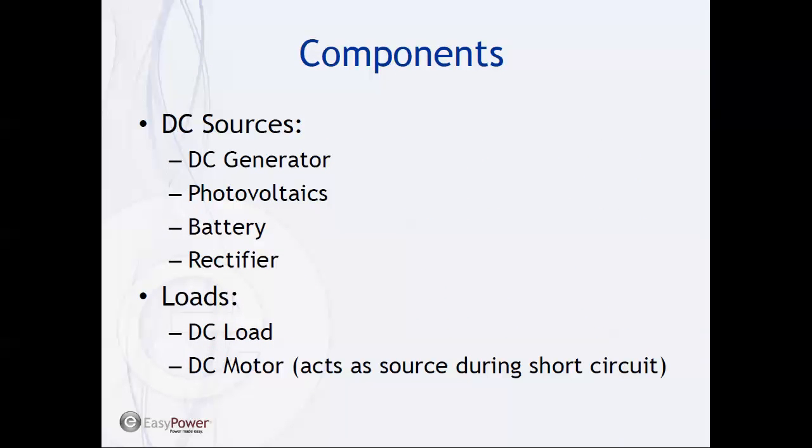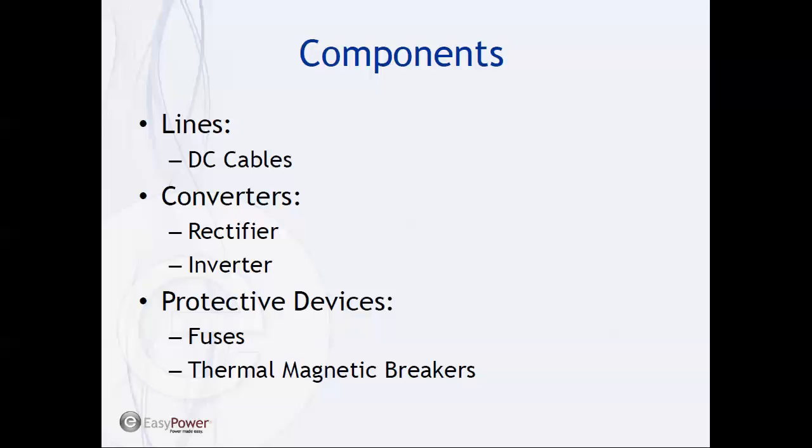Now let's talk about the various DC components. For DC sources, we have DC generators. We also have DC utility. Then we have photovoltaics or solar cells, then batteries, and then rectifiers. For loads, we model DC load and DC motors. DC motors, again, contribute to the short circuit currents at a bus fault.